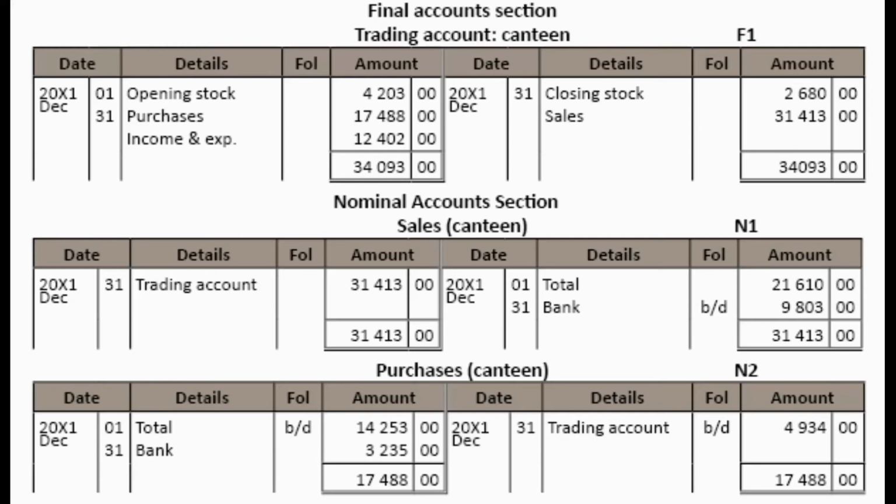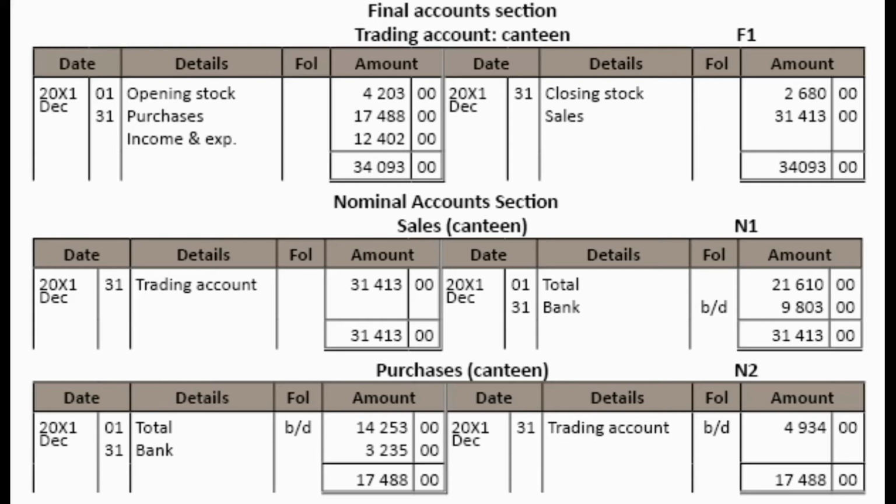It was the amount from the trial balance, and then there was an amount from the cash book that you posted to that account. So the total that you enter on the debit side of your trading account is 17,488. So credit purchases, debit trading account.